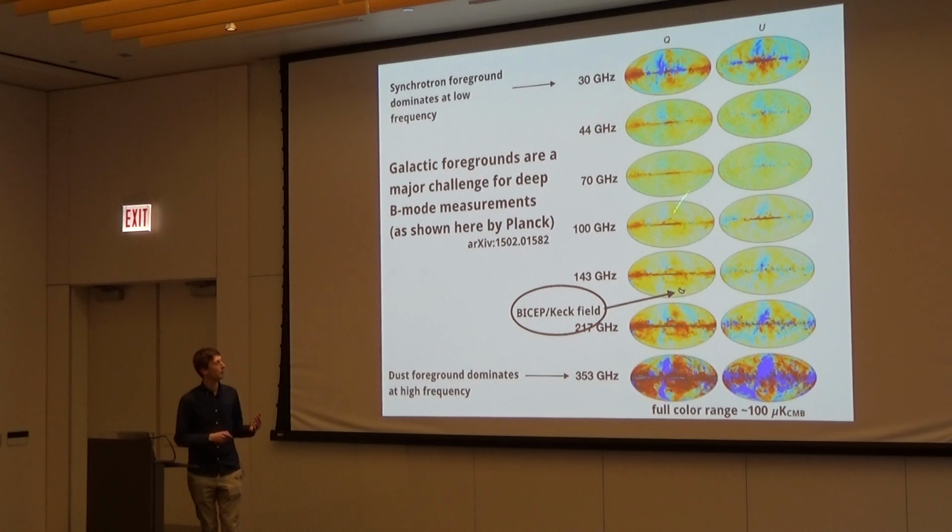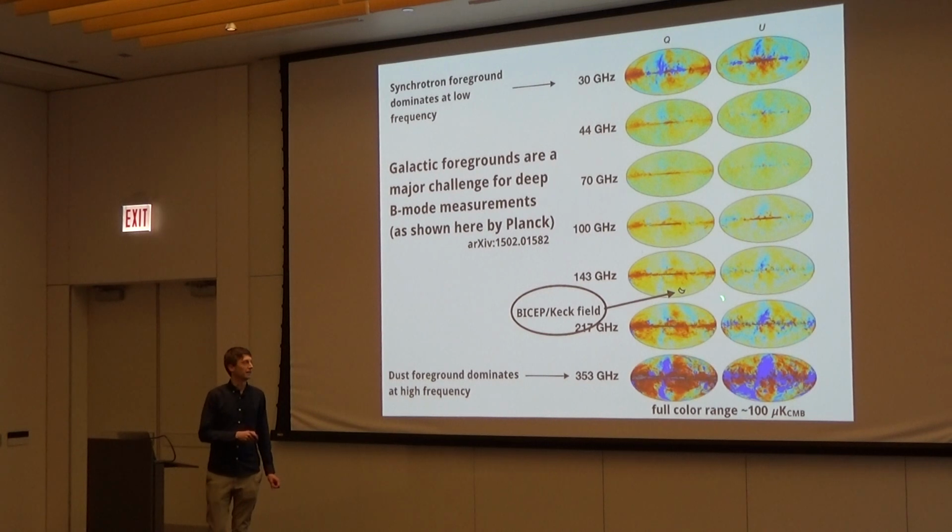So no matter what you do, and I've highlighted here the area of the sky roughly where we are searching with BICEP and Keck, and at the frequencies where we operate, BICEP2 started out at 150 gigahertz, so it's doing something like that little, not quite rectangle right there. Yet even focusing in that area and at these intermediate frequencies, you're going to need to take active measures to handle these foregrounds.